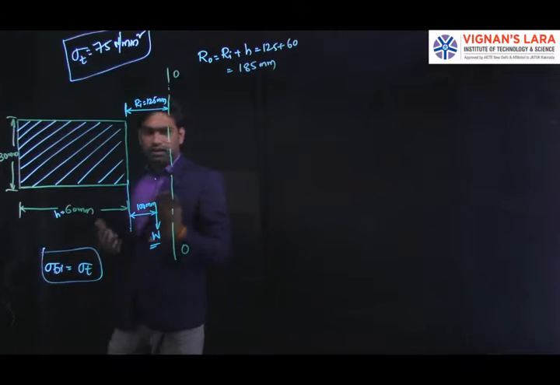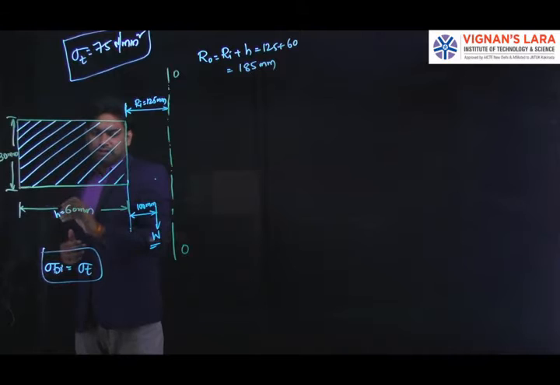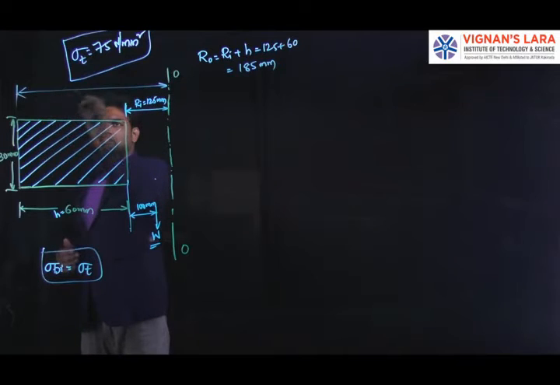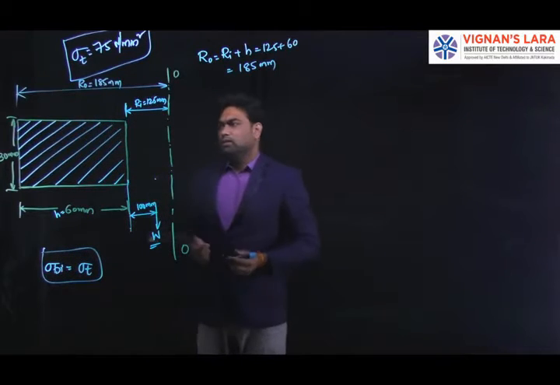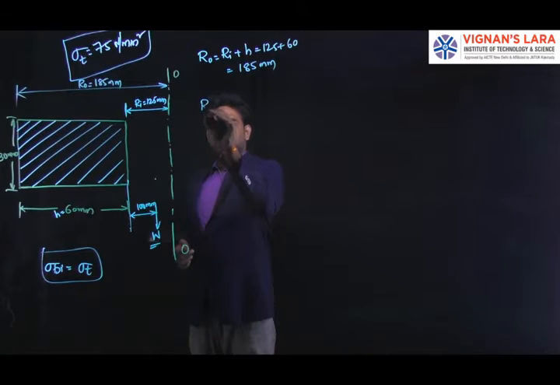So again, immediately we can represent the value of R naught in the cross section diagram. So R naught equal to 185 mm. Clear?